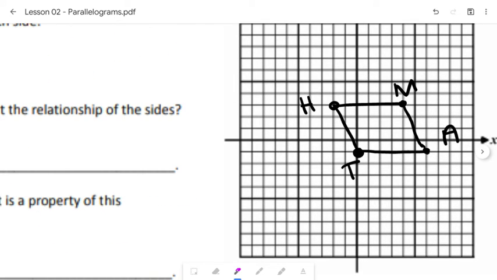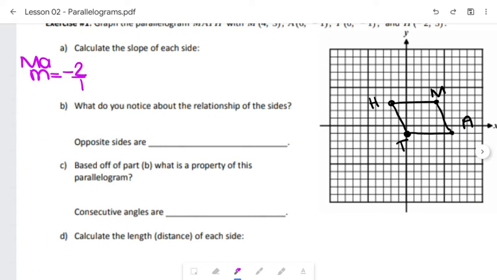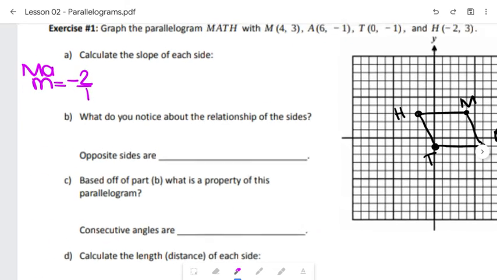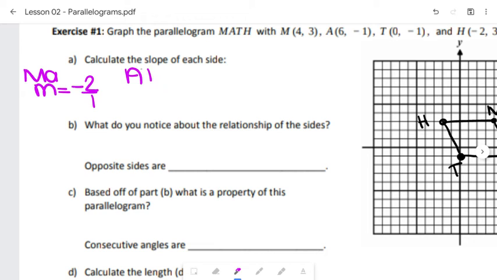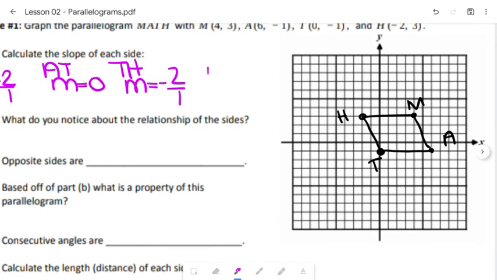So it checks out if I go down 2 over 1 each time as well. AT is just 0, right? Any horizontal line is going to have a slope of 0. TH is also -2 over 1, or just -2. And finally, MH is equal to 0.